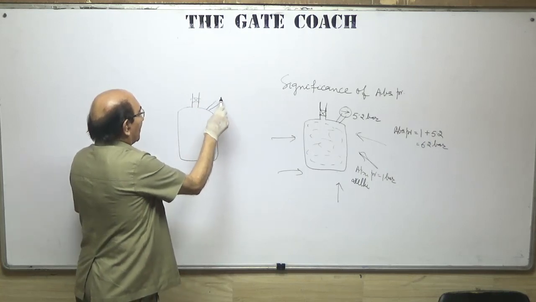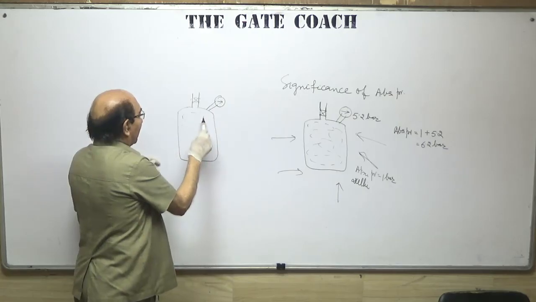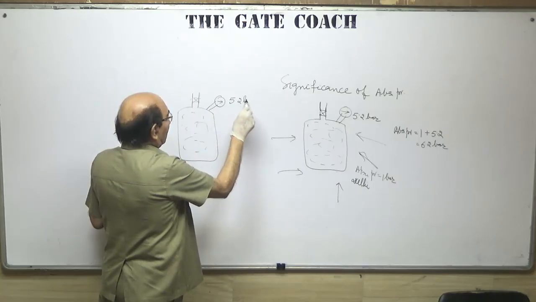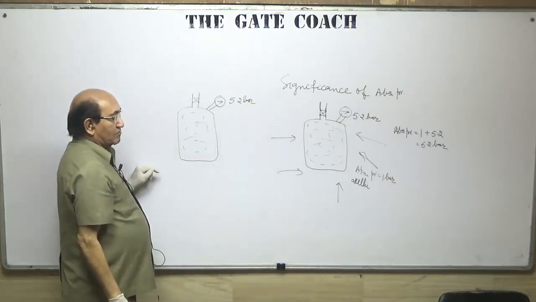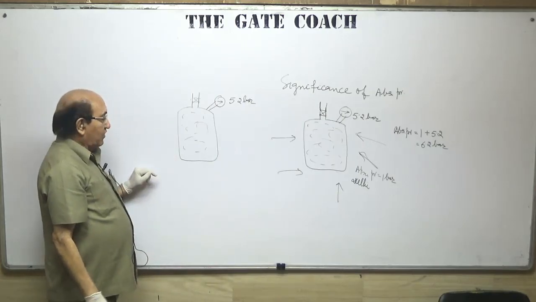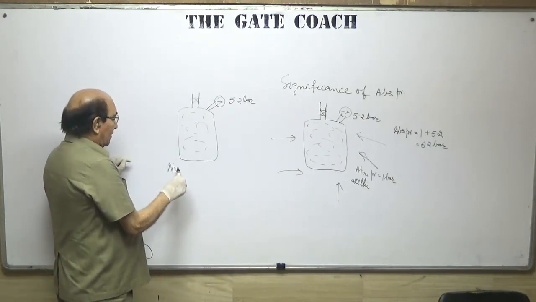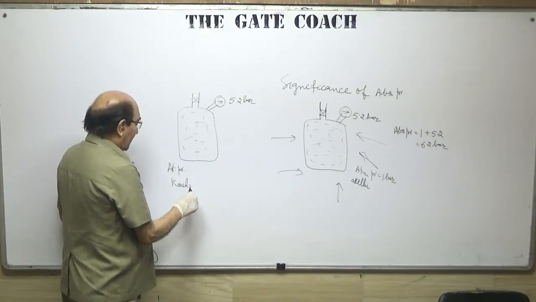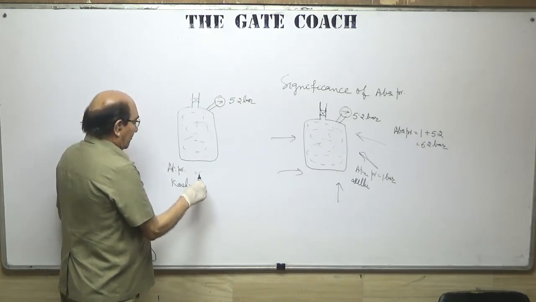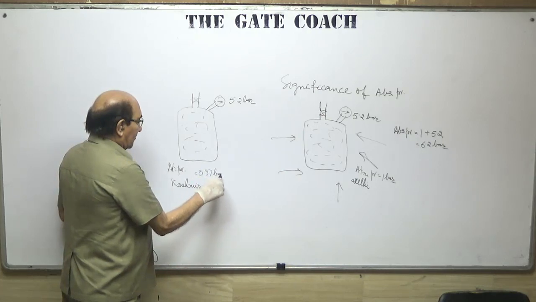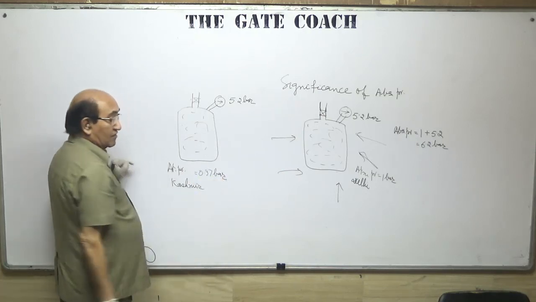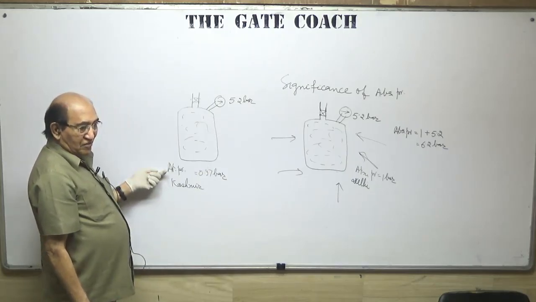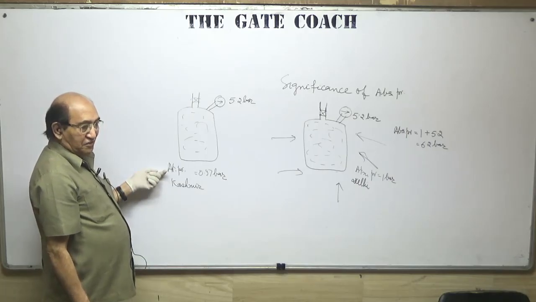There also he tries to maintain the pressure of 5.2 bar. Whereas the atmospheric pressure at Kashmir was 0.97 bar. Few meters above the mean sea level, pressure is reduced.